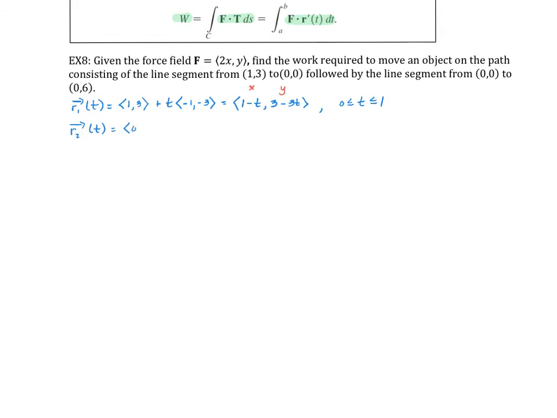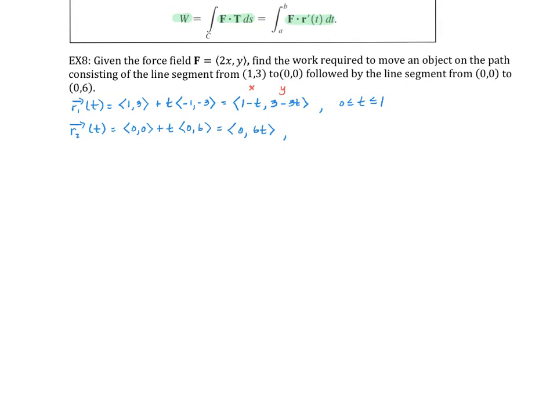So that would be starting at 0, 0 and going in the direction of 0, 6. And that would be 0 comma 6t for my second curve.